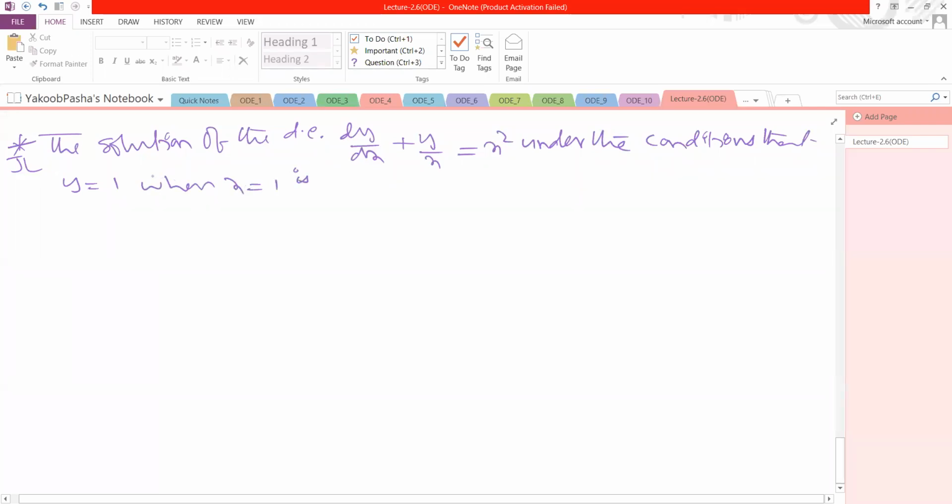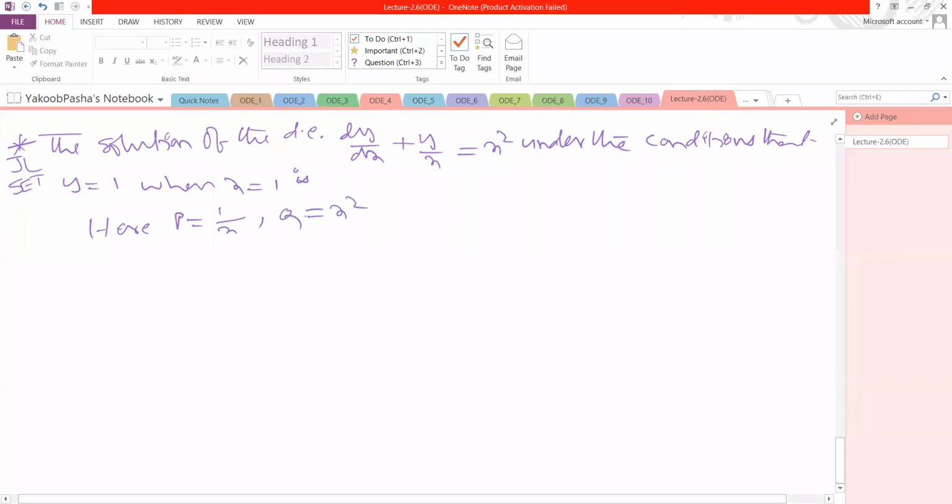It is a question from an AP set of 2017, not our state. Now we can write the p value directly. P is equal to 1 by x and q is equal to x square.